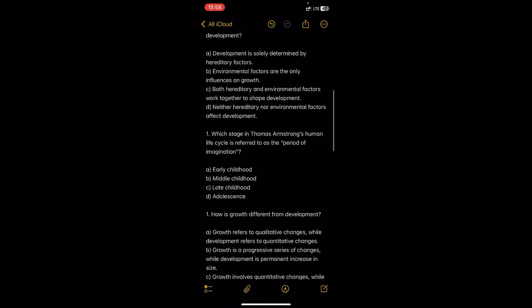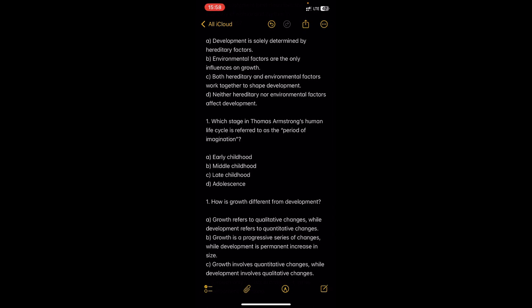Which stage in Thomas Armstrong's human life cycle is the period of imagination? Now, with what I tried to explain before, it is not the first stage. That's already clear. It's not the last stage. It's not the period of wisdom, because that's the old man. Imagination is something early. That is something that happens in the first parts of the 12 stages.